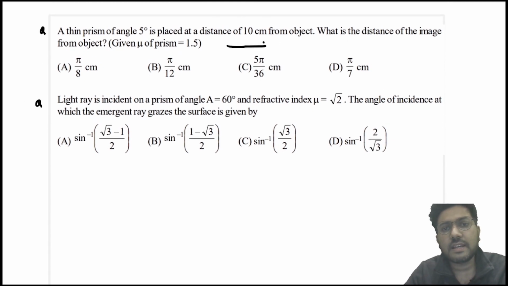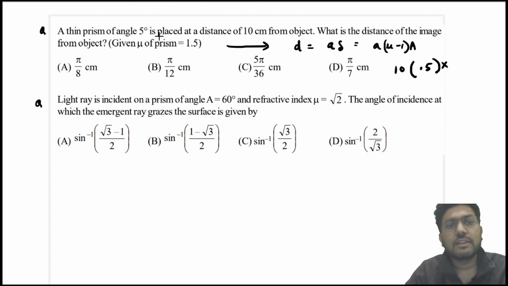So we have seen here that in a thin prism the distance between the image and the object is given by a delta, right? That is equal to a into mu minus 1 into capital A, where a is the object distance and that is given as 10 centimeter. Mu is given as 1.5, minus 1 will become 0.5, multiplied by A. You have to write A in radian.